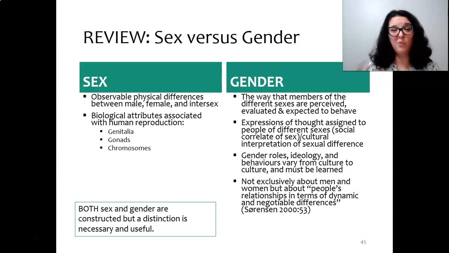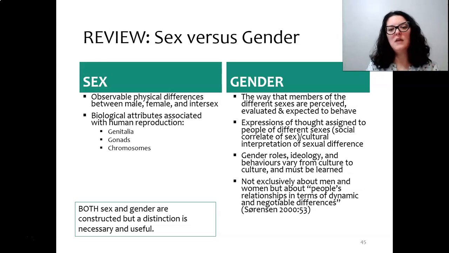So we're going to be talking about biological attributes, particularly those associated with human reproduction. We're going to be a little critical of these as well, because which of these attributes are used is shaped by our culture. So even though we think of sex as something natural, biological and fixed, it turns out it's not quite that way.